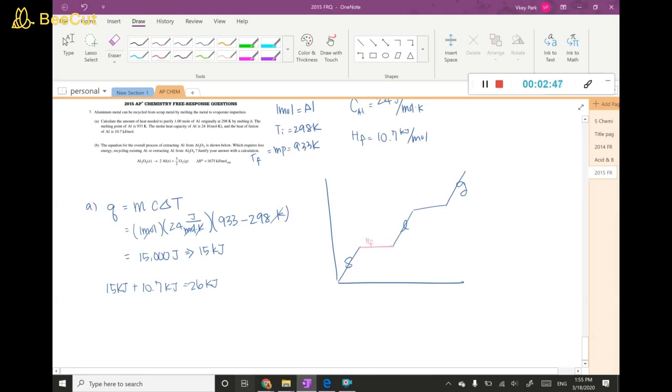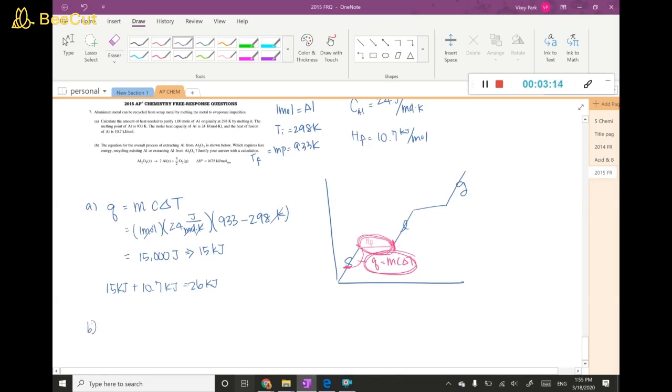So in this scenario, we went from 298 to 933. So this right here, we use the Q equals MC delta T equation, but because it melted, we also incorporate this equation, this heat to this heat, and we get the total heat needed. So that is why we add the two together.